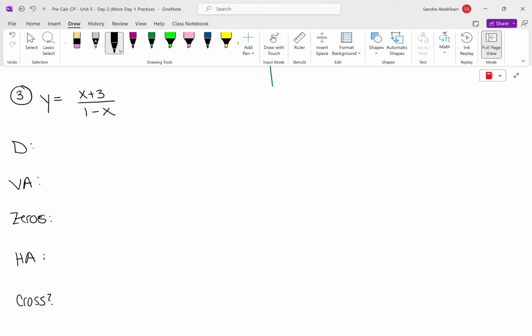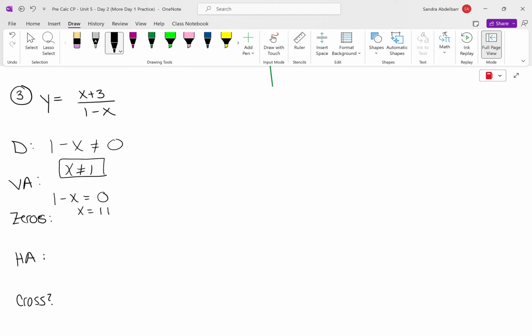Okay guys, let's start going over this. So here we have the domain. Remember, for our domain, it's affected by 3 different things: a variable in the denominator, a radical in the numerator, or a radical in the denominator. Those are the 3 things that affect our domain. In this one, we only have a variable in the denominator, so we know 1 minus x cannot equal 0. So then we know x cannot equal 1.